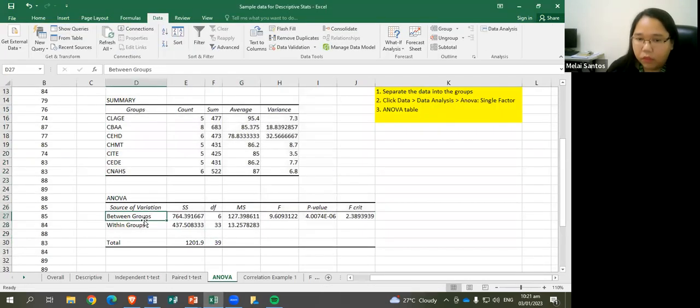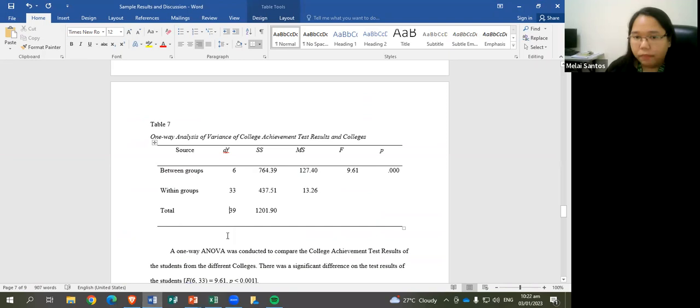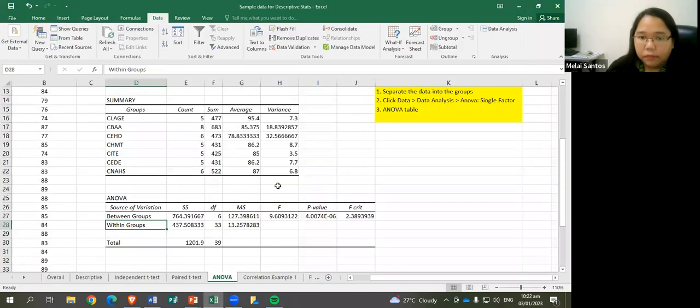This one, between groups and within groups. Now, why do you need the first part? The first part is important because it shows you the averages and the variances of your data. But you will not see them here. It's only for reference purposes, that part.